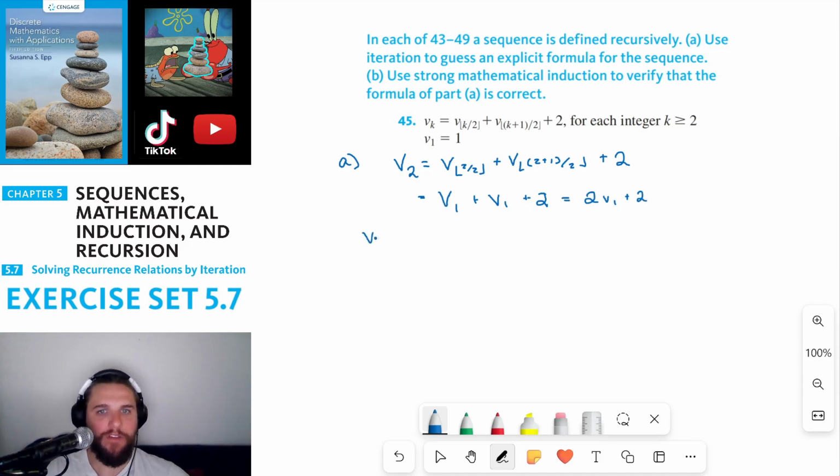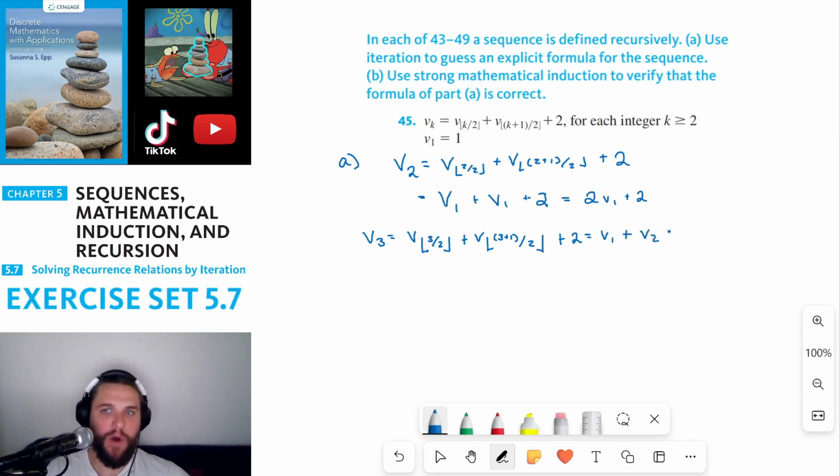Now let's evaluate v sub 3. According to the recursive definition, this is v sub the floor of 3 over 2 plus v sub the floor of (3 plus 1) over 2 plus 2. 3 over 2 is 1.5, and 1.5 rounded down is 1. And then (3 plus 1) over 2 is 2, and if you round 2 down, you still get 2.